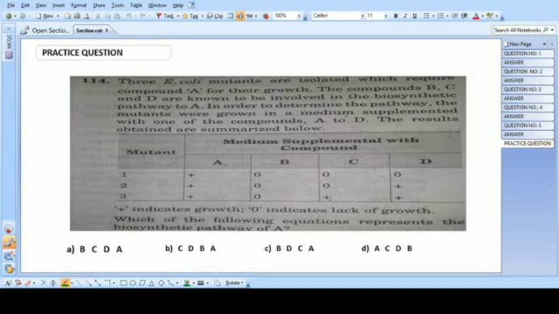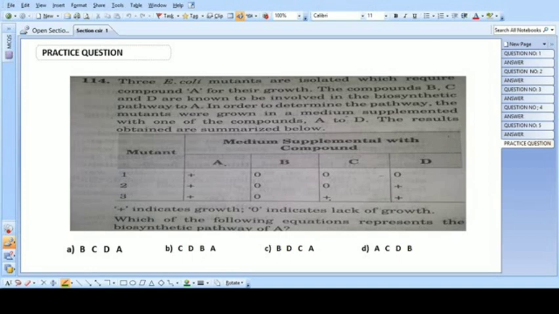For that, you cultivated the 3 mutant strains in medium supplemented with compounds A, B, C, D, and the plus indicates growth and 0 indicates lack of growth. From the question, you have to find the biosynthetic pathway.